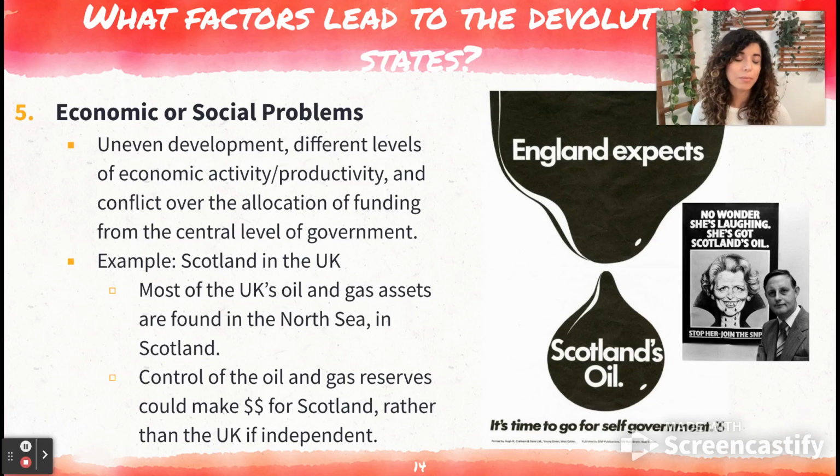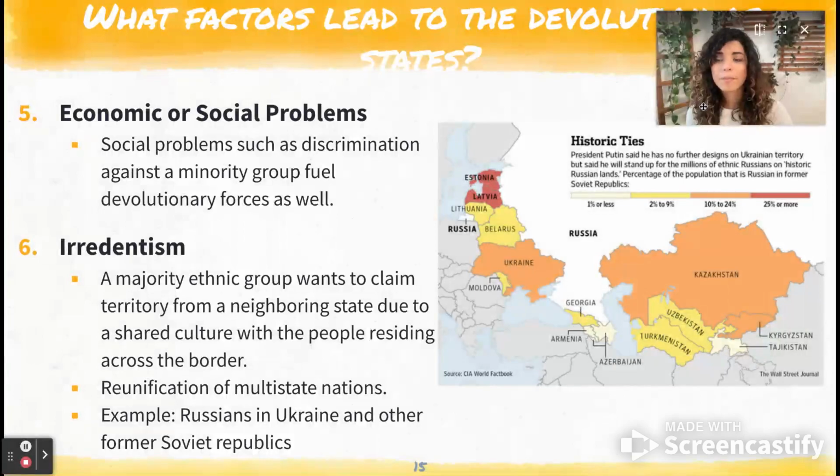So for a multitude of reasons, some people in Scotland want their independence, and this is just an additional layer to how that devolution started happening. With social issues, issues of discrimination against a minority group can definitely help prompt devolutionary forces.